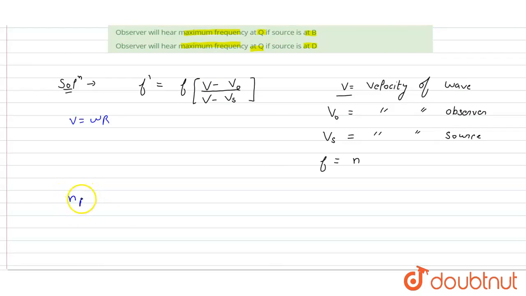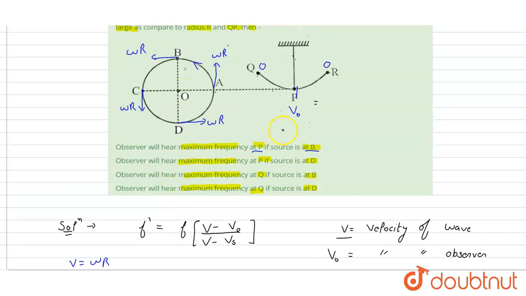n PB is equal to n into v minus v naught upon v minus vs, where we know that at point P, velocity of observer is v naught in this direction, and at point B, velocity of source is omega r in this direction.